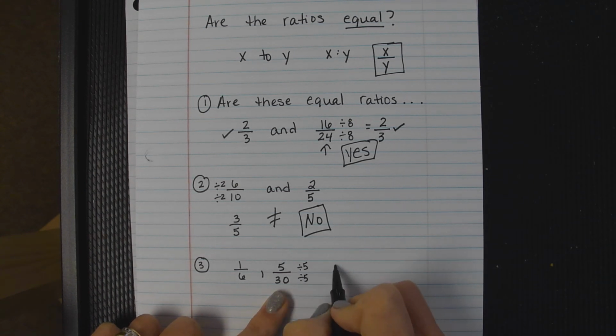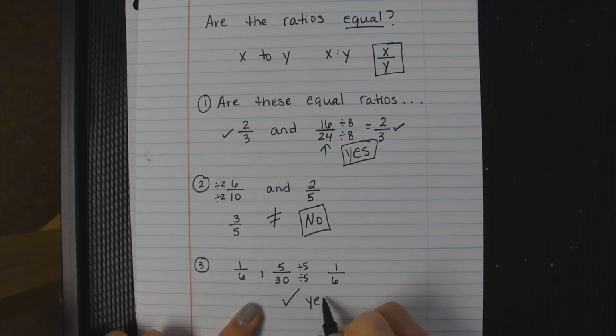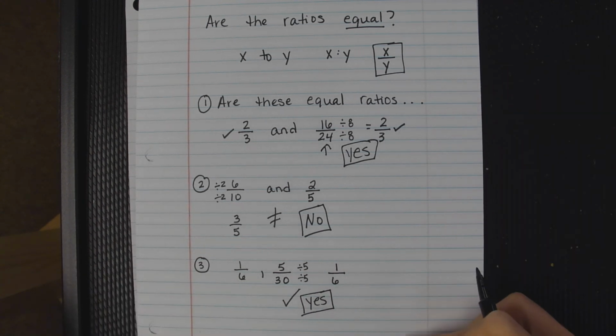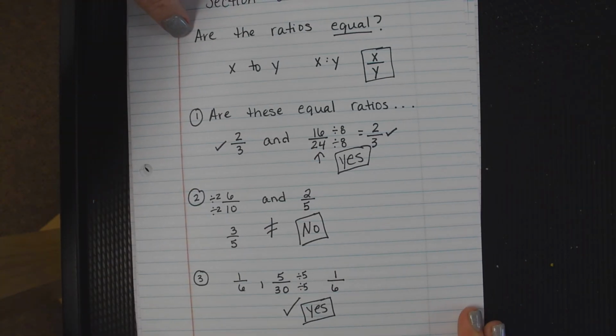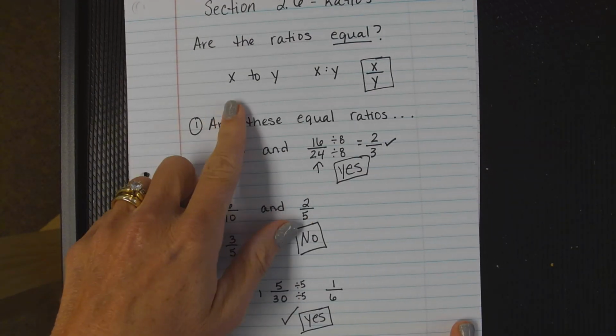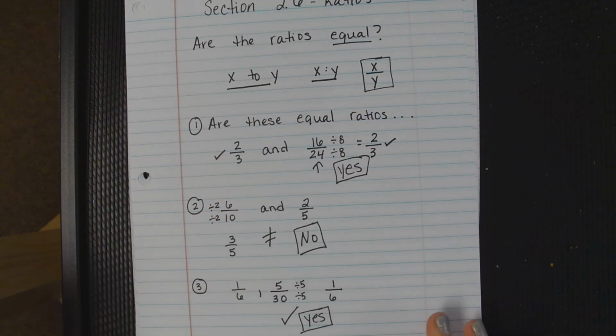So here, 5 divided by 5 is 1. 30 divided by 5 is 6. 1/6 and 1/6. So yes, they are equal ratios. So here we have 3 examples on whether ratios are equal. And up here, just a reminder, there are 3 ways to write ratios.